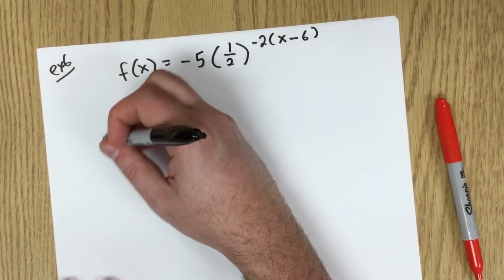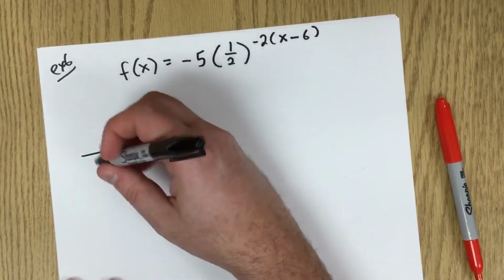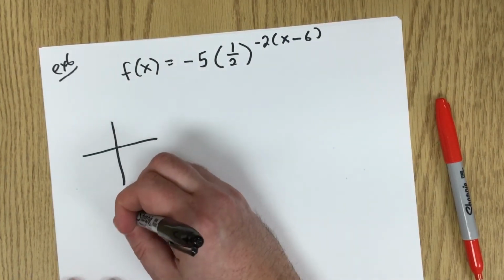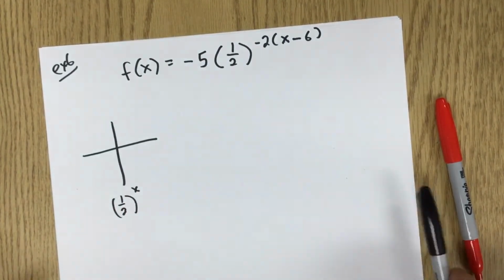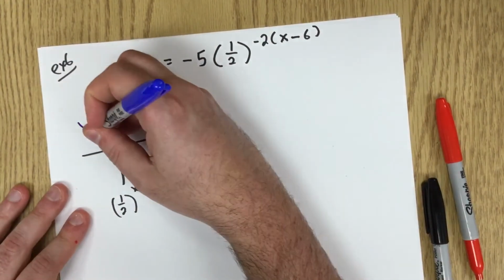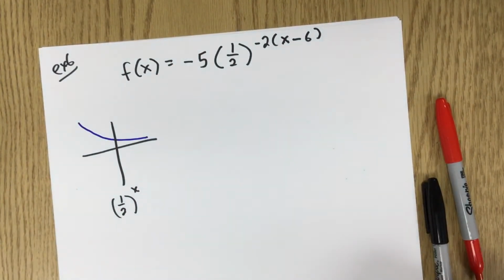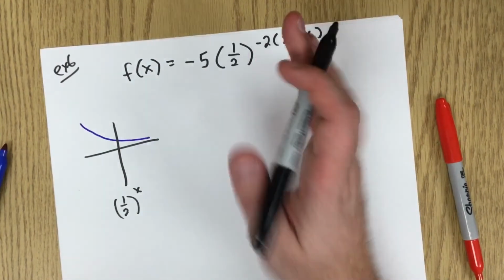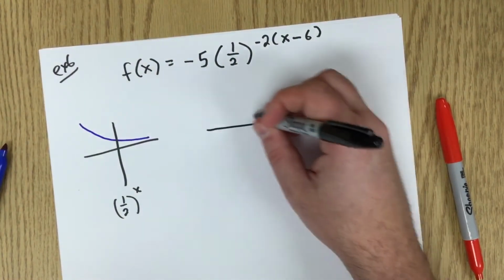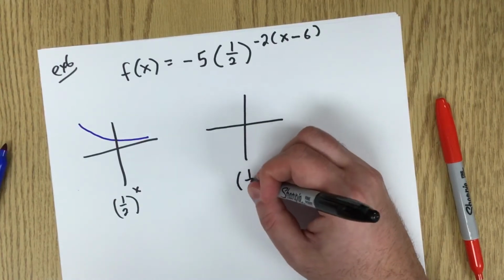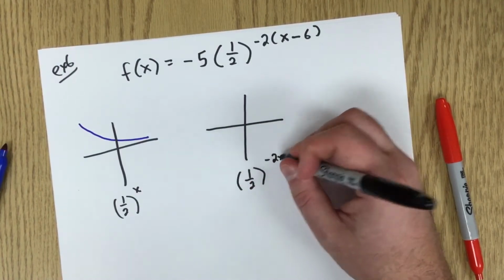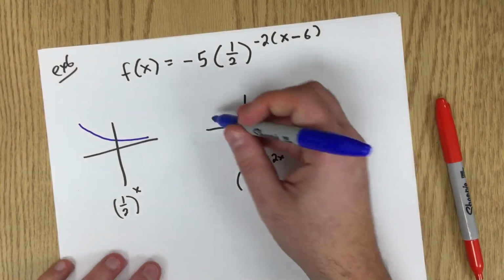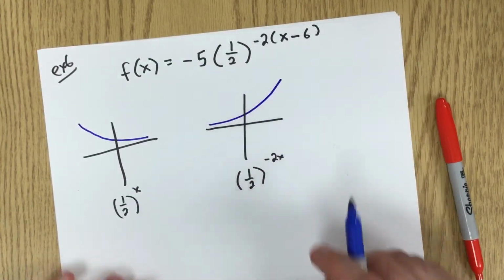So we know if we had just 1/2 to the x, then it would look like this. However, there's a negative in the exponent, which means it's going to be flipped horizontally. So 1/2 to the minus 2x would be flipped like so.